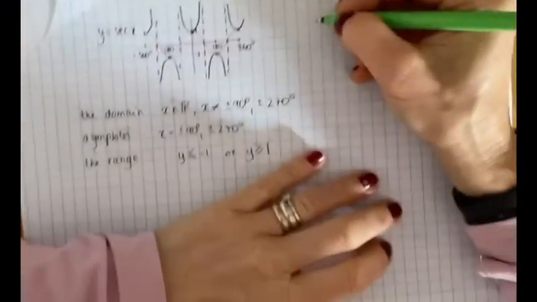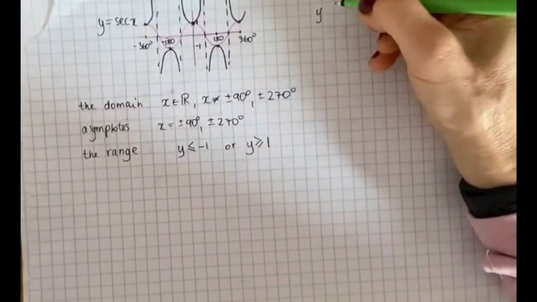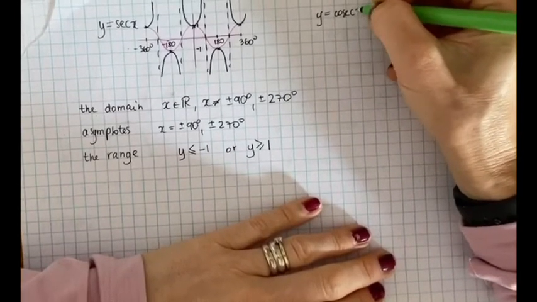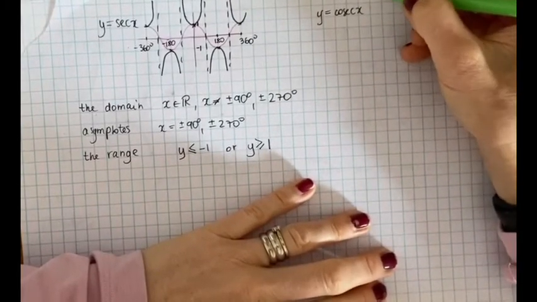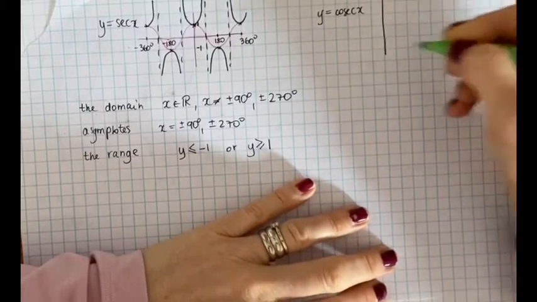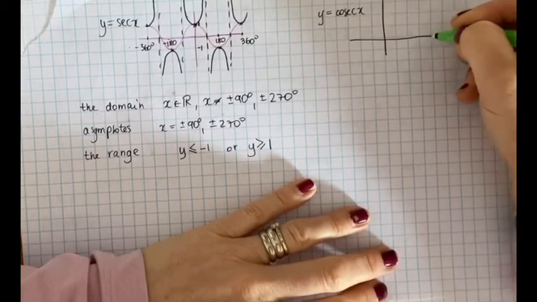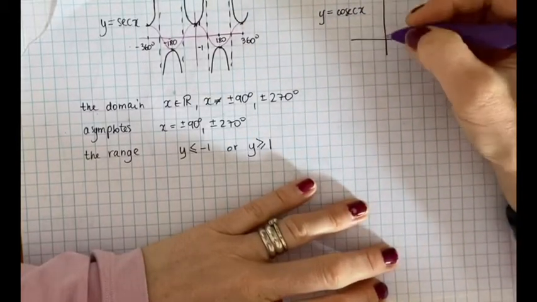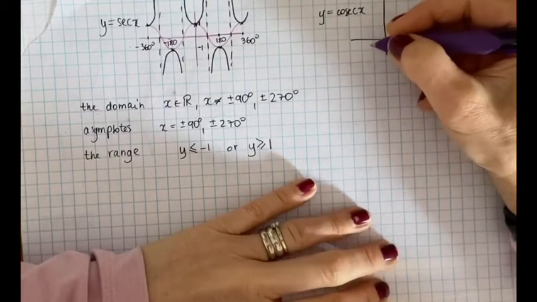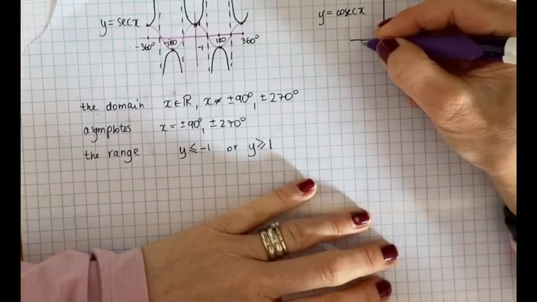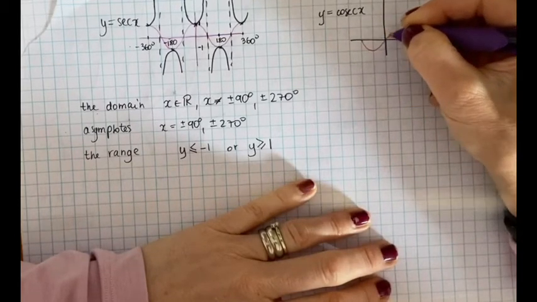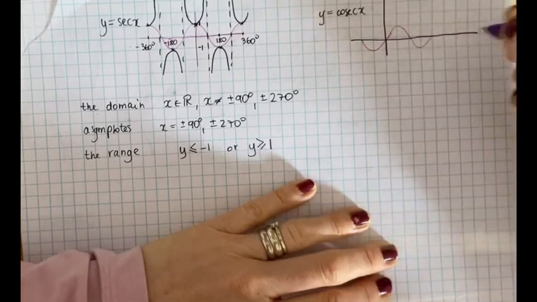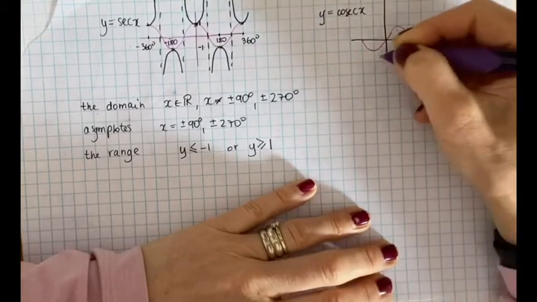Okay, so let's do the same for cosec x. So this one should be a lot quicker. I'll just do the one from minus 180 up to 360, let's do more because I've sketched more.